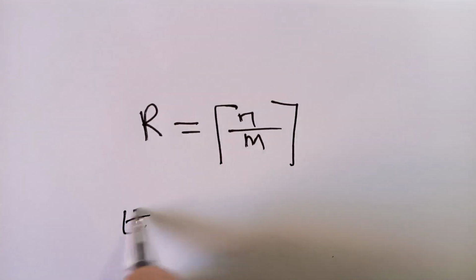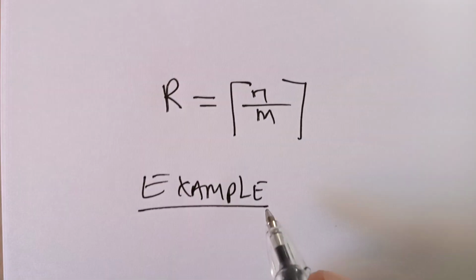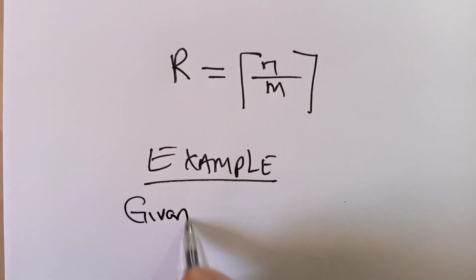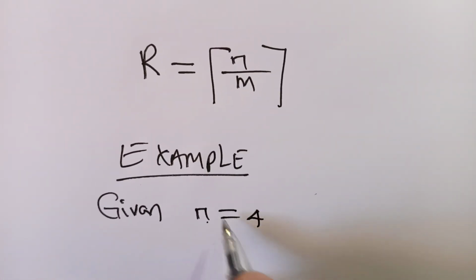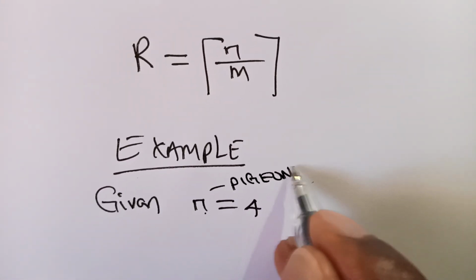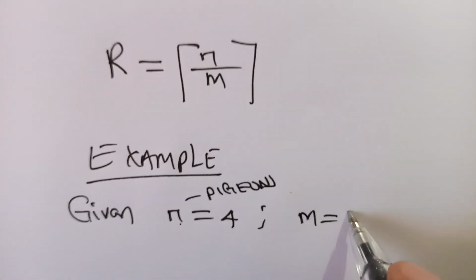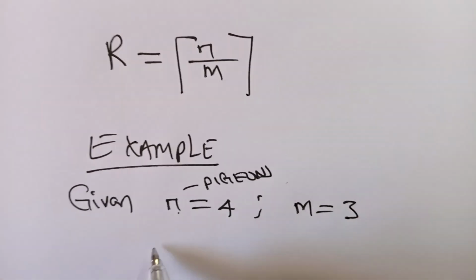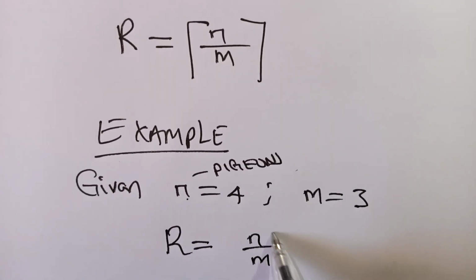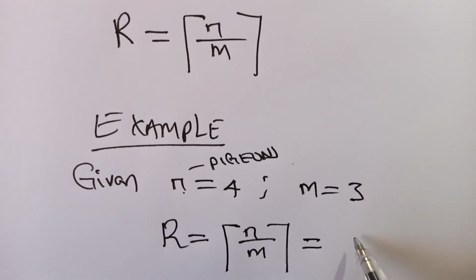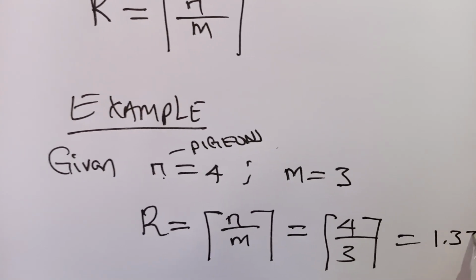For example, given n is equal to 4, that's the items or the pigeons, and the pigeonholes defined as m is equal to 3, then the desired output will be r is equal to n divided by m, which is 4 divided by 3, which is equal to 1.333.